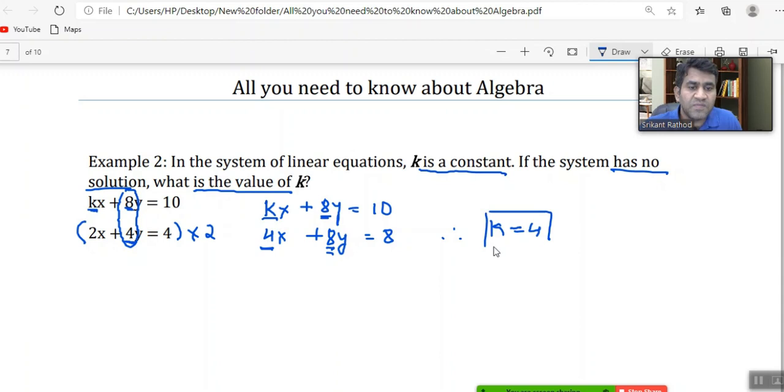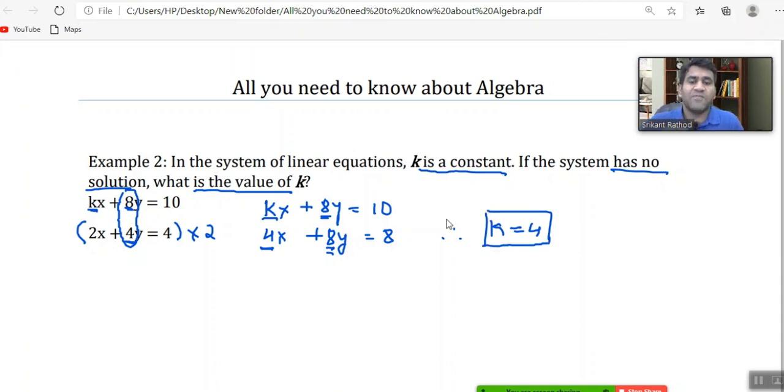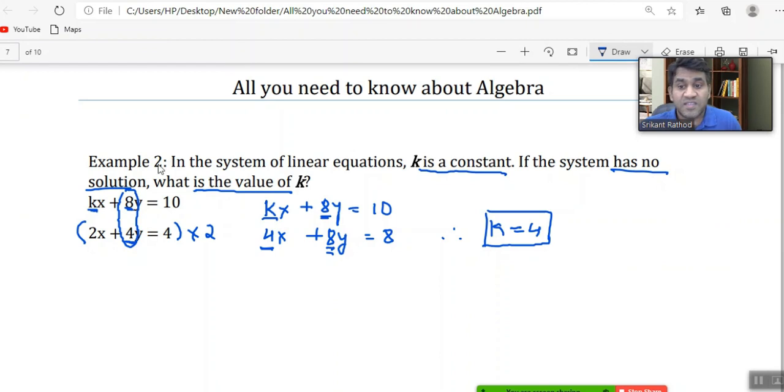To make the system of equations have no solution, the value of k should be equal to 4, and 4 is one of the options available in the choices given. Remember, you can't just say that the equation has no solution and take the value of k as 2 just by comparing the coefficients.